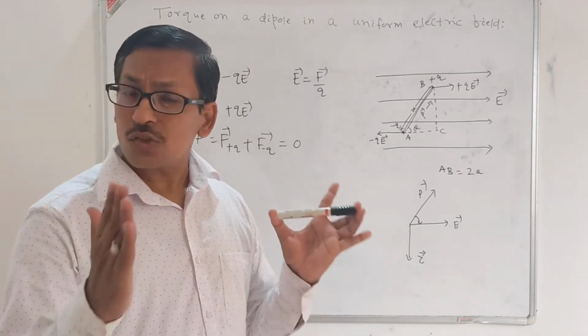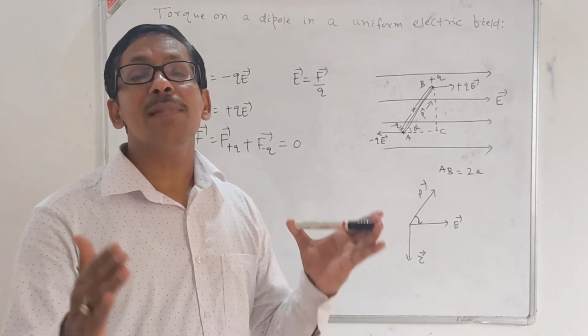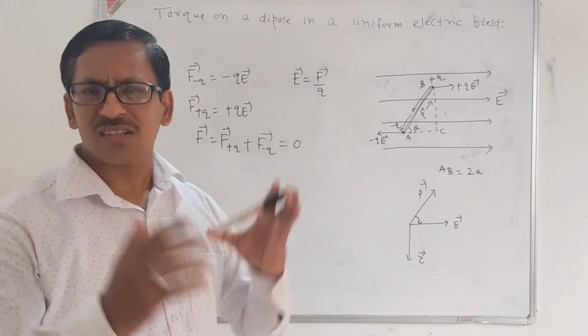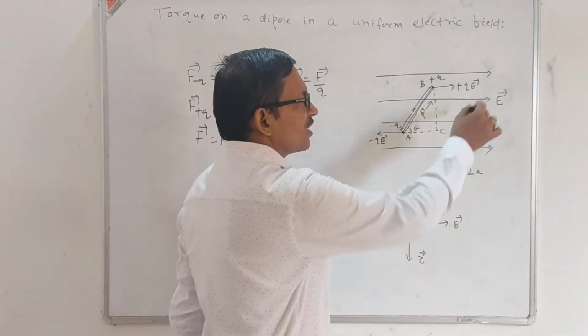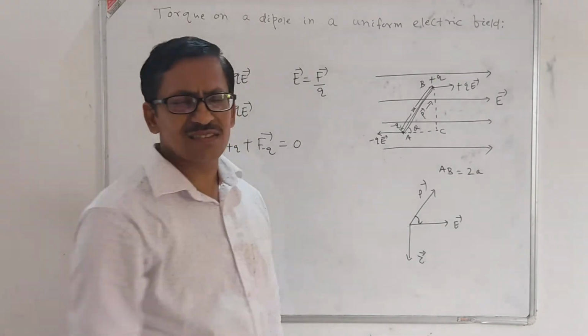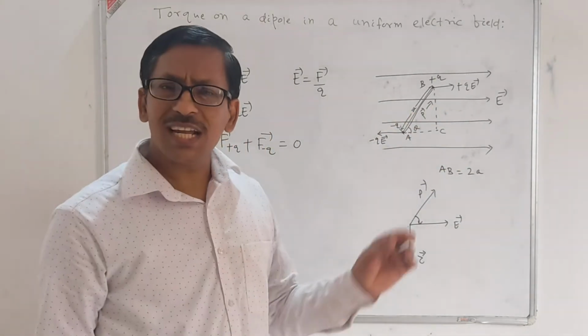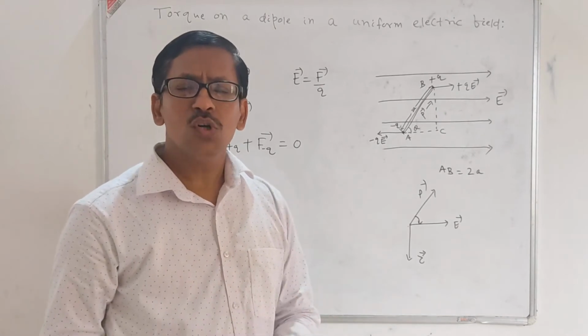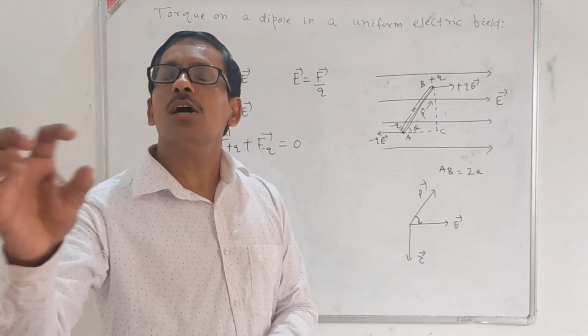But these two forces are not acting along the same line. They are not collinear. You see now, this is acting here, this is acting here. They are separated by some distance. You know, and their magnitude is the same. Only the direction is opposite. So you know, two equal and opposite forces constitute a torque.